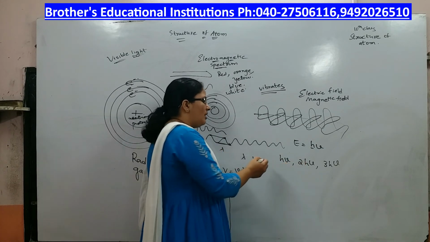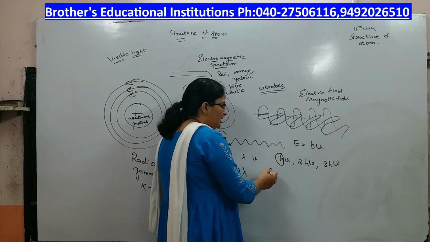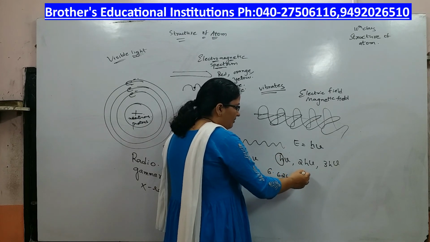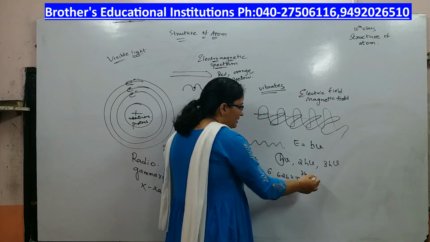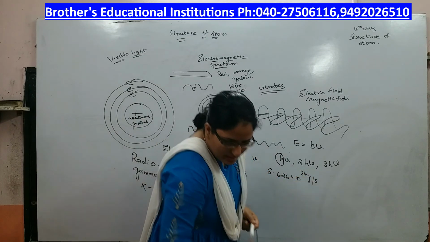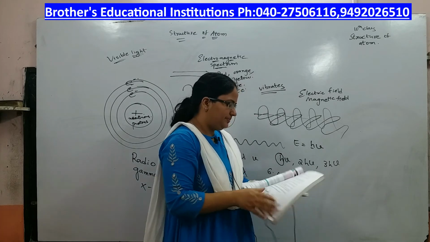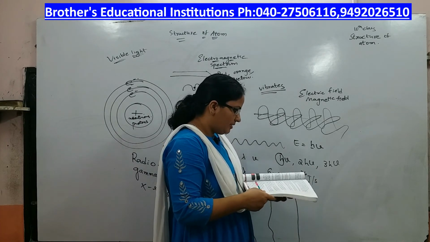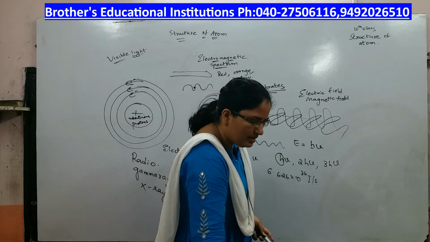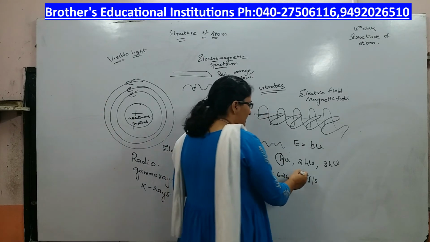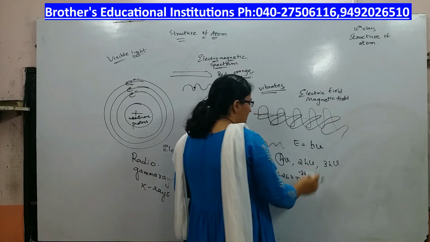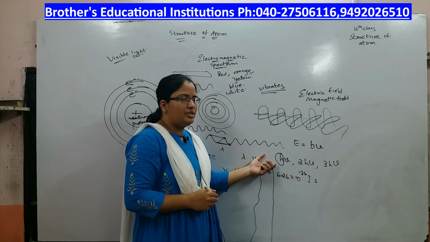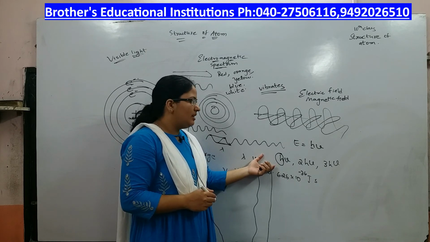Here h is Planck's constant, which is 6.626 into 10 to the power of minus 34 joule second.